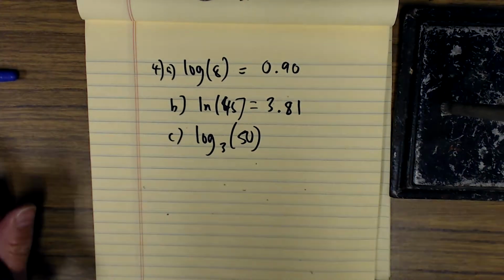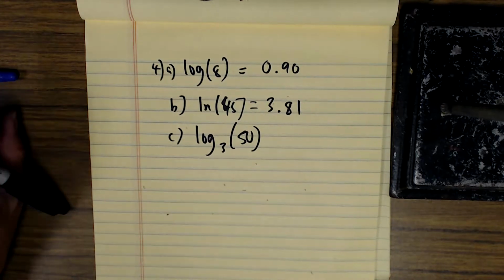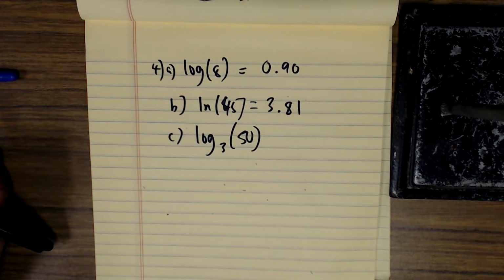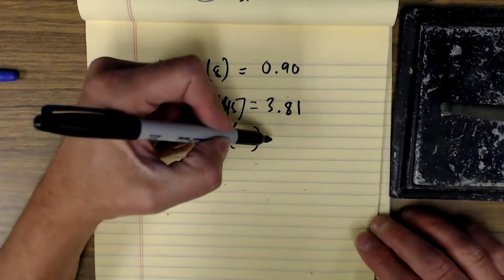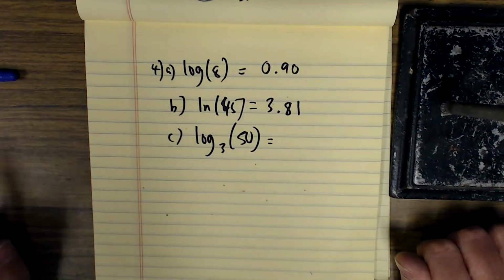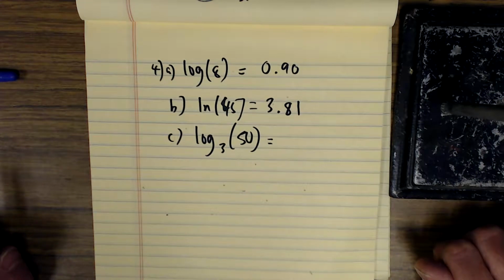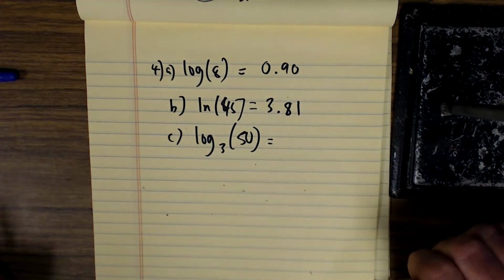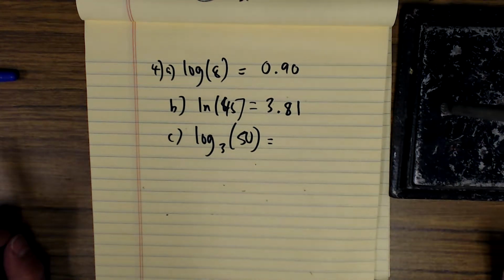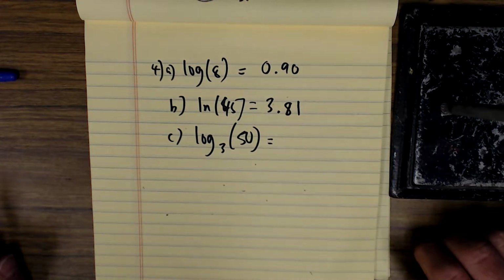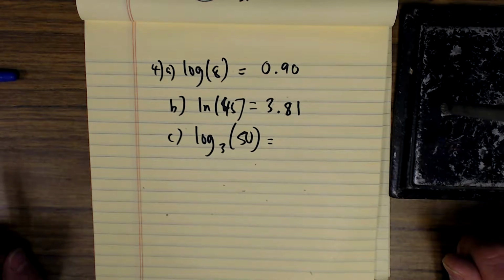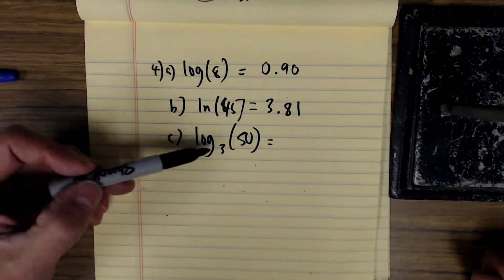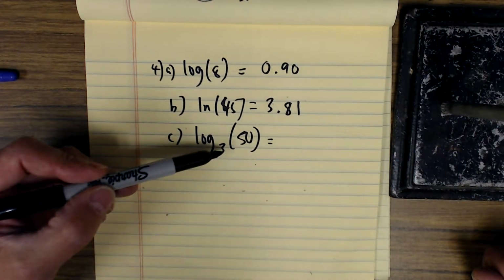Now, if you have a TI-84 and it has the updated operating system on it, it's really easy. So go to catalog or go to math and then look for the thing that says log base. And when you do that, you will have a choice of being able to input any base you want.